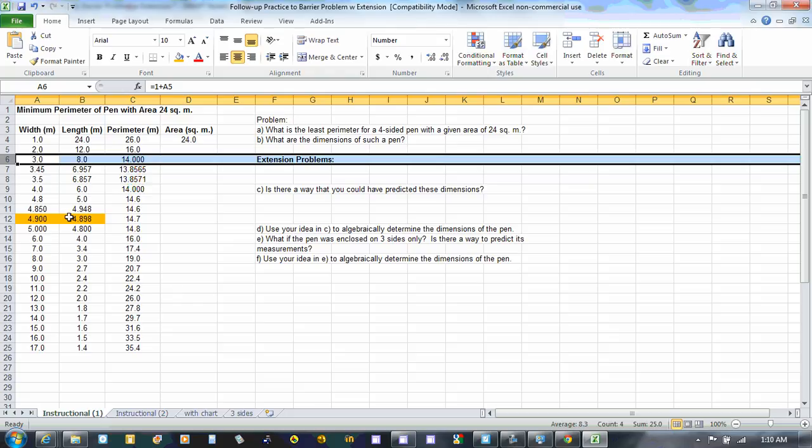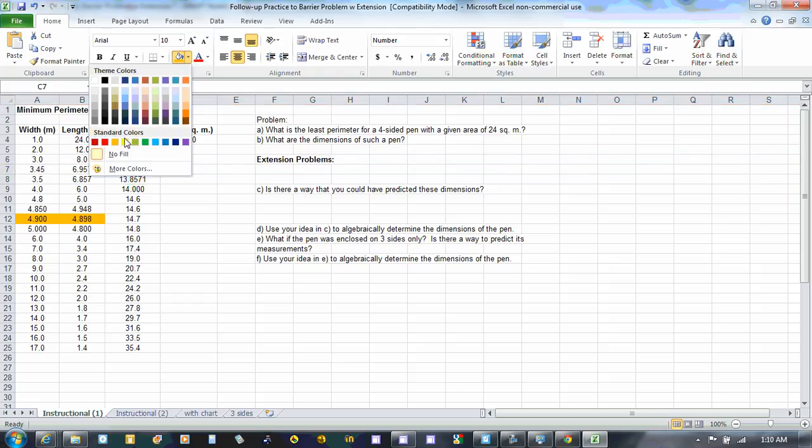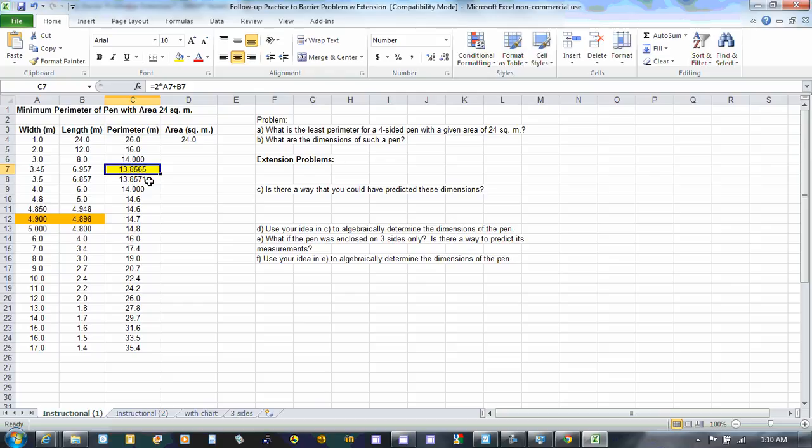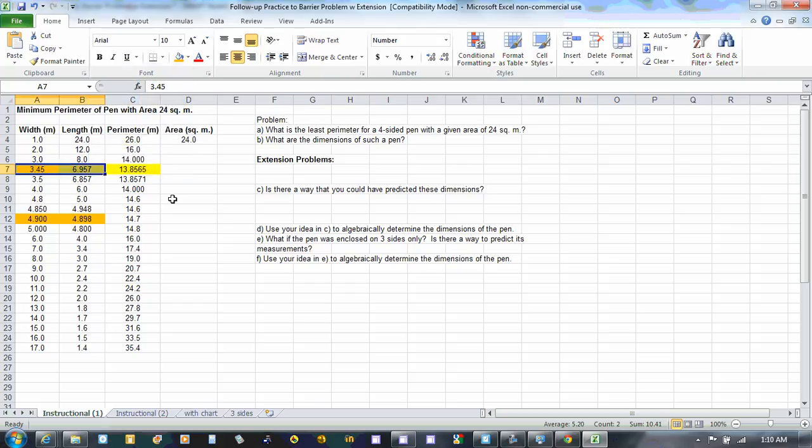But suffice to say that these dimensions here are producing a minimum perimeter of 13.85. Okay, so we have come up with a spreadsheet answer to part E.